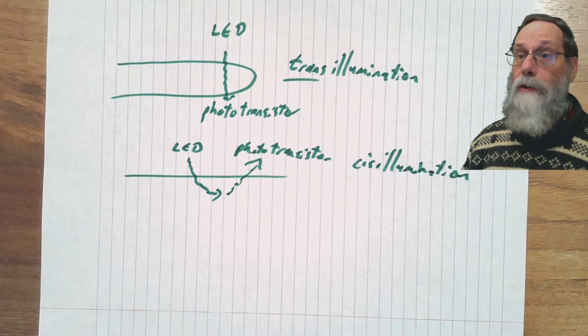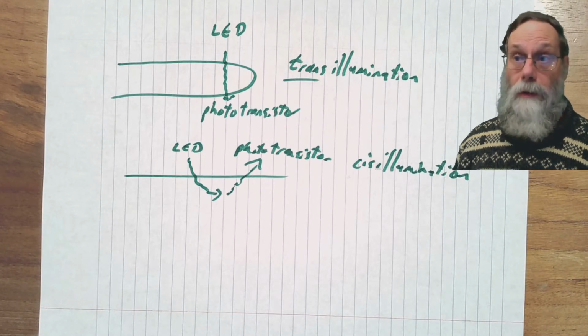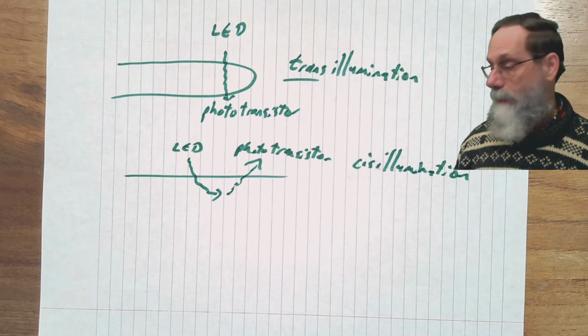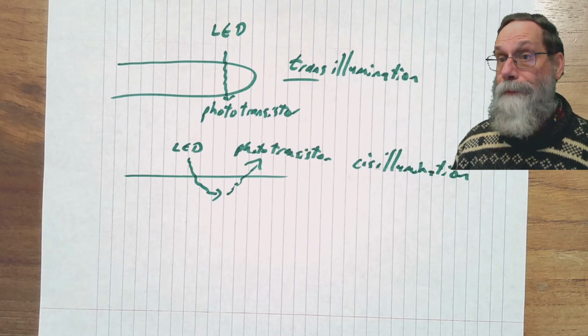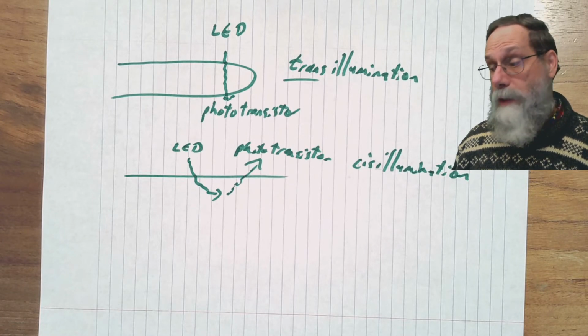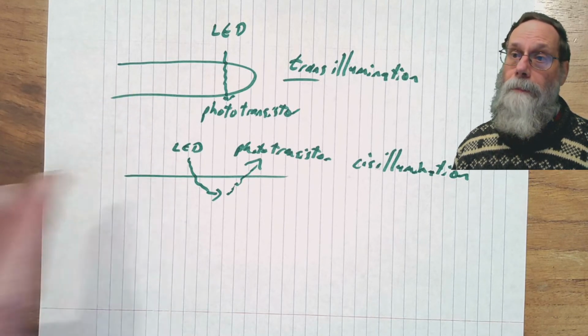And now the question is, how do you choose how much light to put in, what wavelength of light, and all sorts of things like that. And it does change depending on whether you're looking at trans illumination or cis illumination.